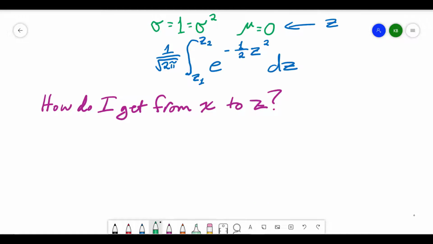Well, the answer is my z variable is going to be my x value minus the mean of my x value, divided by the standard deviation of my x variable. Anytime I'm looking for a z variable, I can just plug it in here. And what this does is it normalizes my mean to 0 and my standard deviation to 1 and gives me a value there.